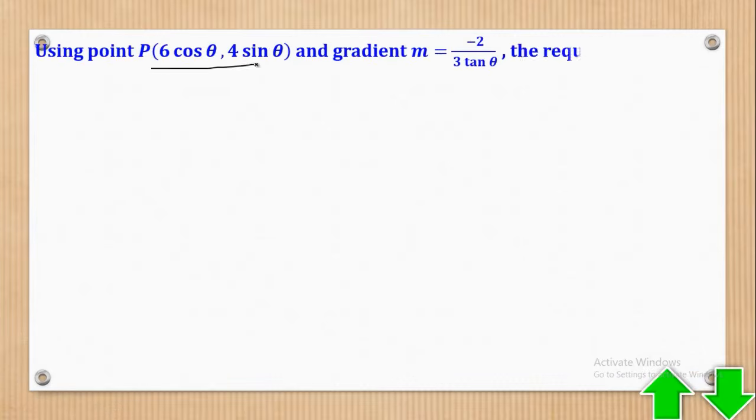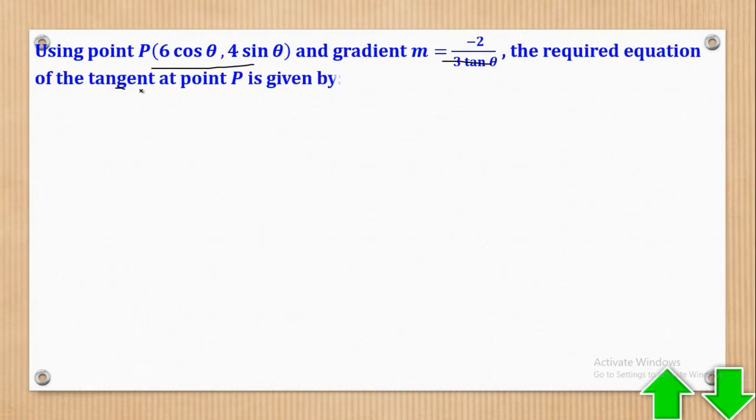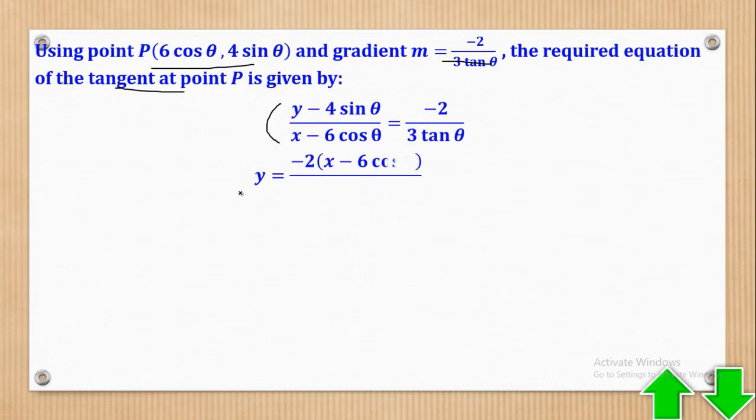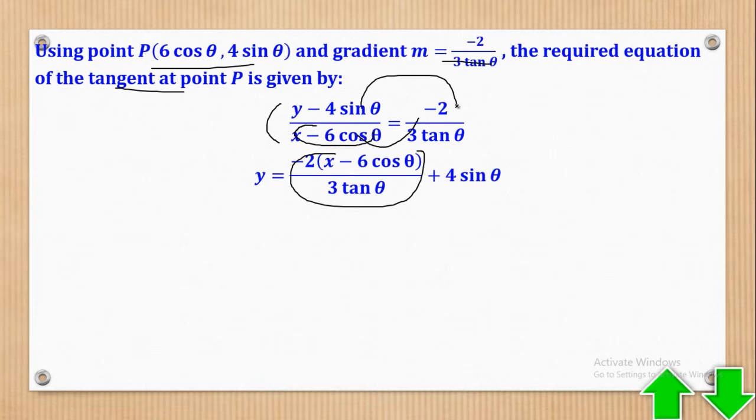Now using this point and the gradient of the tangent, I can get the equation of the tangent using this expression. I'll cross multiply. My aim is to make y the subject. So take the whole of this side to come up with this. Then take also this one to this side, that's why there is plus that.